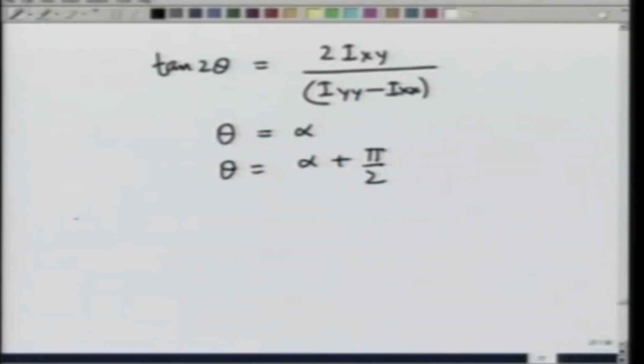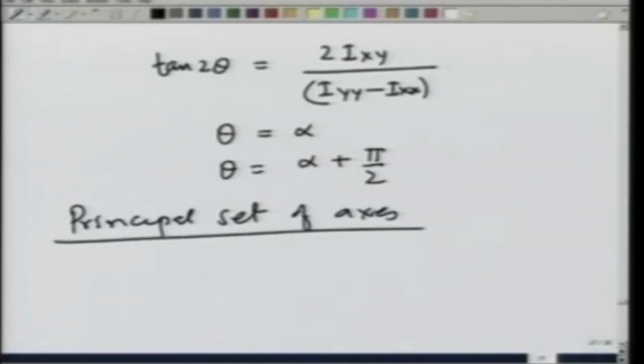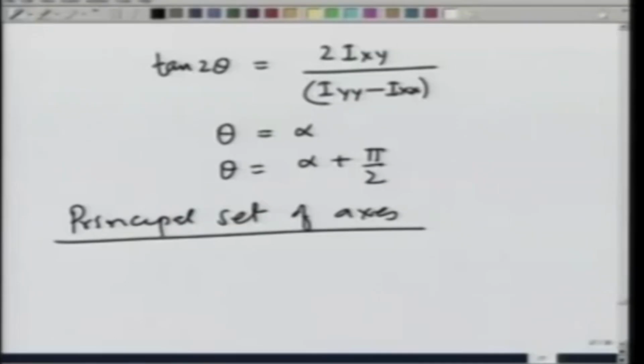So we found a set of principal axes such that not only does the product of area vanish, the second moment of area is also either maximum or minimum. If it is maximum about the x axis, about the other y axis it becomes a minimum. If it is minimum about the x axis, it becomes maximum about the y axis.